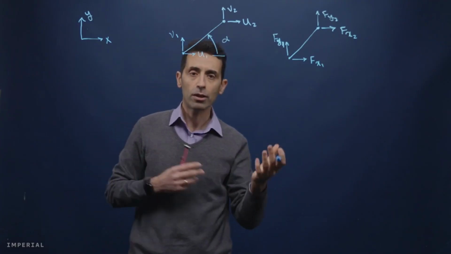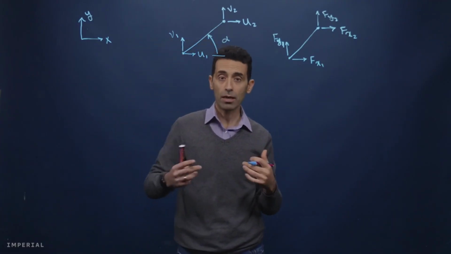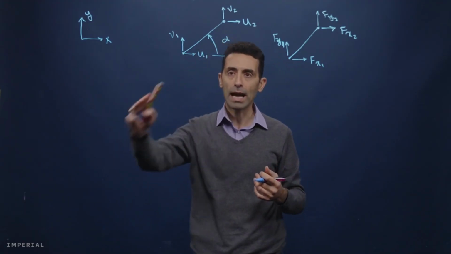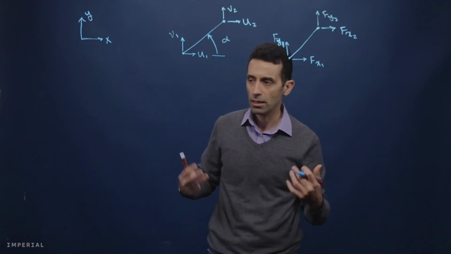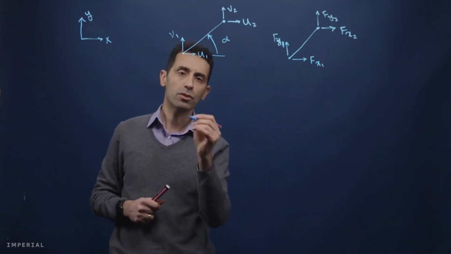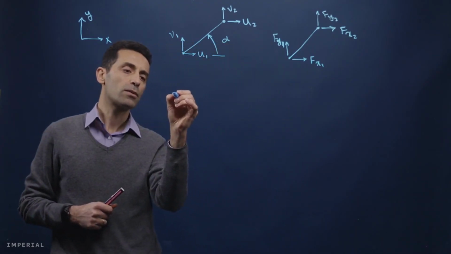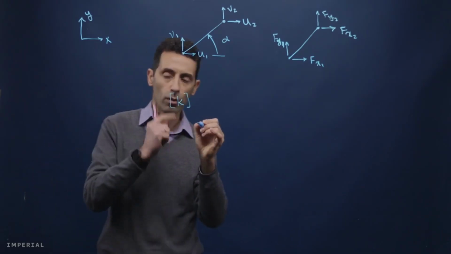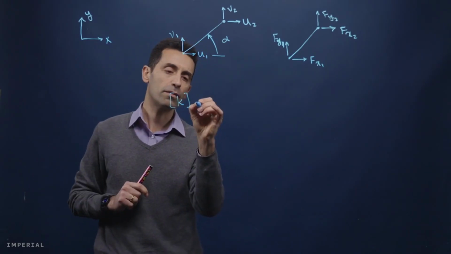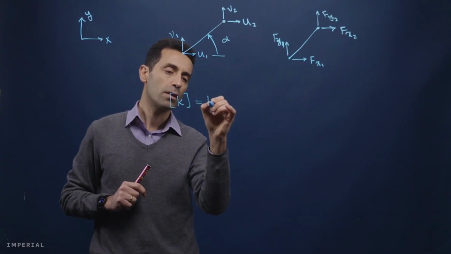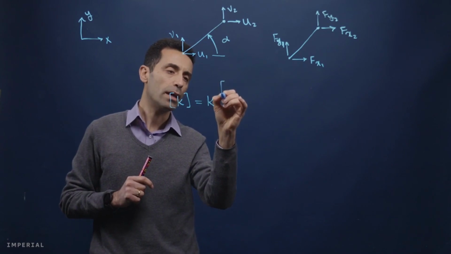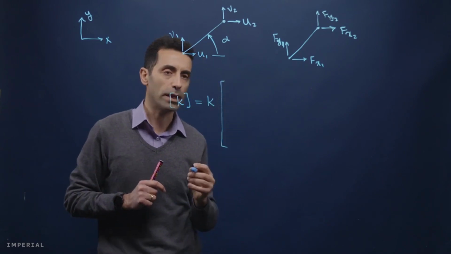So you can imagine here we are going to use the sine and cosine of alpha to resolve each of these along the axis, and that gives us the element stiffness matrix, which I'm going to write here now. So that would be k. Again, this is lowercase k because this is the element stiffness matrix. So we will have k times a bigger matrix.